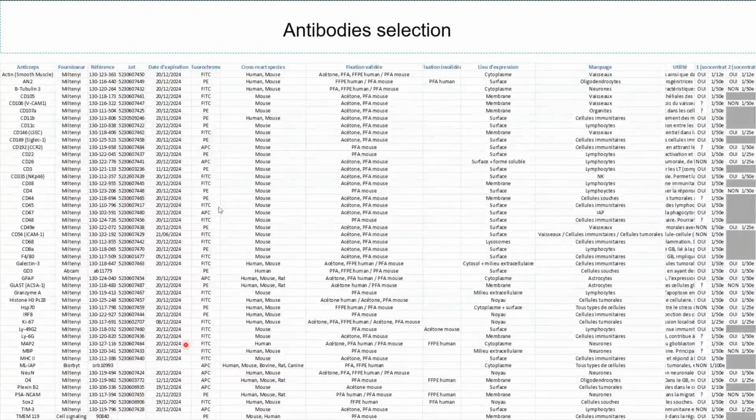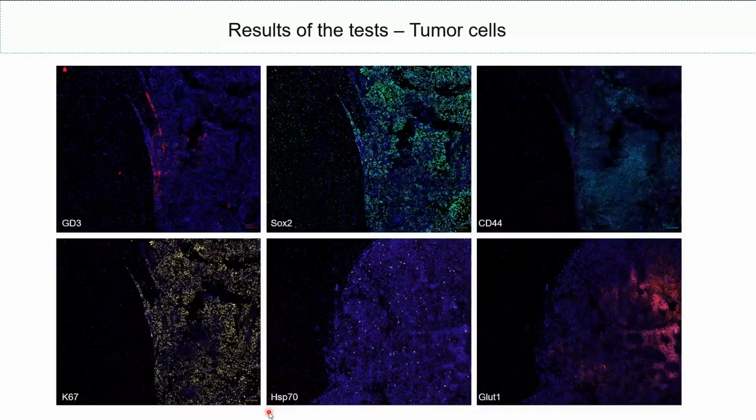So this is the panel of antibodies. It took some time to set up the experiments, because we had to test several concentrations, increasing concentrations when the antibodies did not work at first. And finally, most of the antibodies worked. So it was a very good result. These are the preliminary results, the results of the test to validate the antibodies.